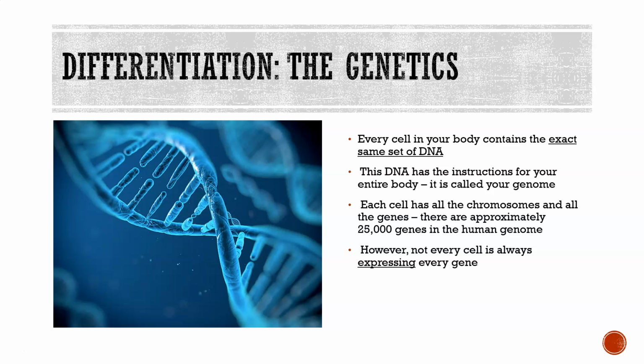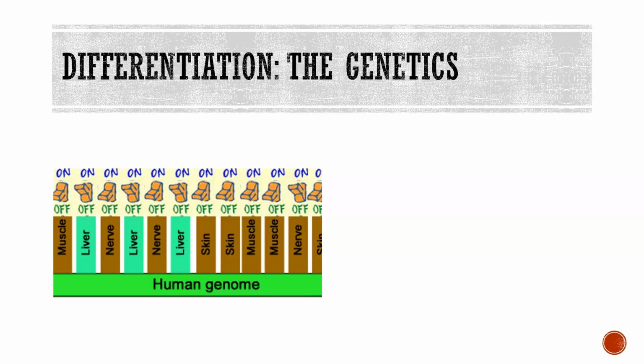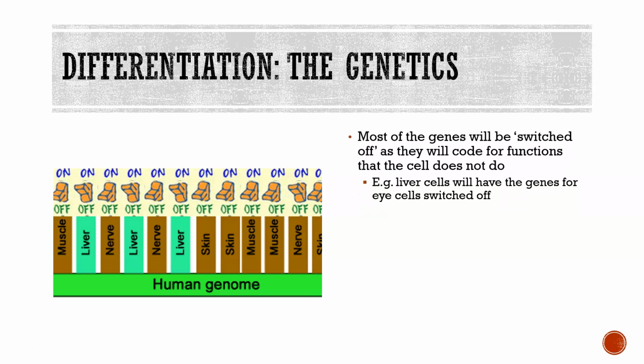However, not every cell is always expressing every gene. So although every gene's there, depending on the role of the cell, only certain genes are expressed. When a gene is being used in a cell, we say it is being expressed. So that term, expressed. Most of the genes will be switched off, okay, as they will code for functions that that cell doesn't do.